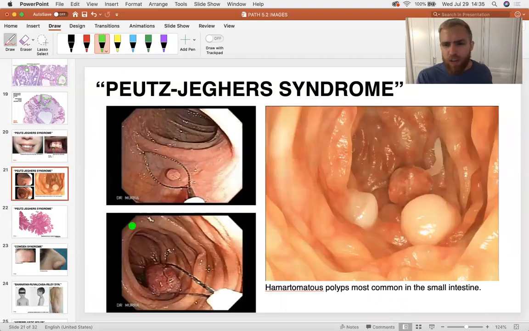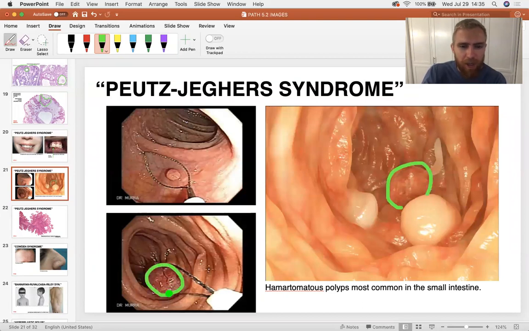And if we take a look at the small intestine, here's a sample of some of the polyps you might see. So cerebriform, I can kind of see that. You know, it's well vascularized, this one especially. And this one down here in the lower left, you can see, again, it's a veiny look to it. It's kind of cerebriform.